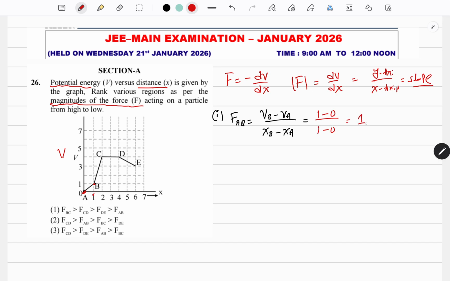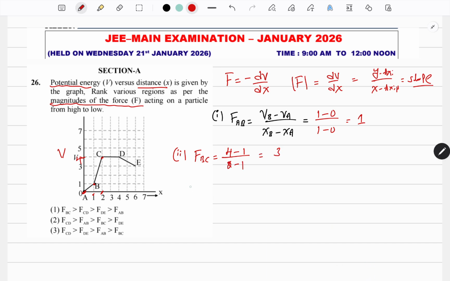So we get the answer 1. Second one, FBC. So that is VC 4 minus 1 divided by what? 2 minus 1. So that is equal to answer 3.